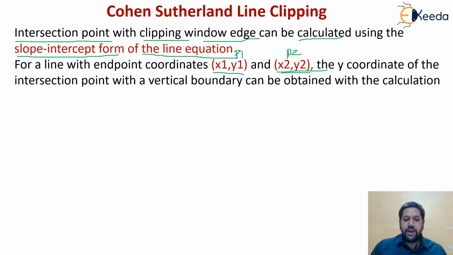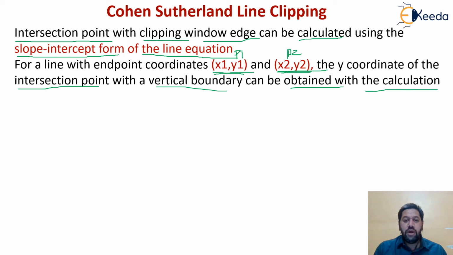So x1, y1 indicate the p1 point and x2, y2 indicate the p2 point. Now the y coordinate of the intersection point with the vertical boundary can be obtained with a calculation.